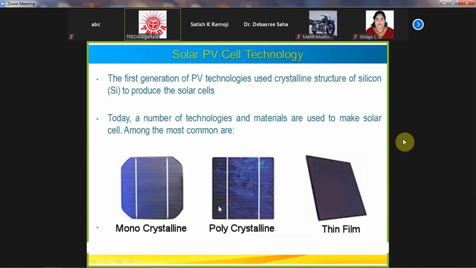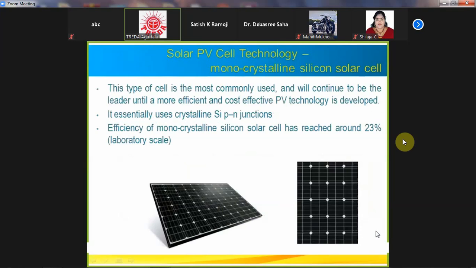Three types of silicon are used for the generation of solar electricity: monocrystalline silicon, polycrystalline silicon, and thin film silicon. Mono silicon is the most commonly used, because the efficiency of monocrystalline silicon is 23%.